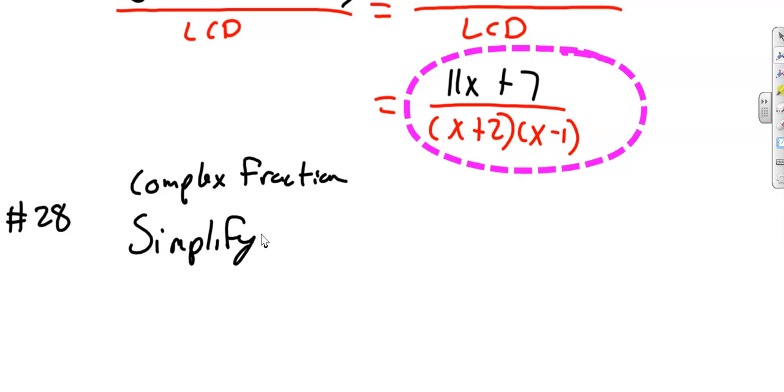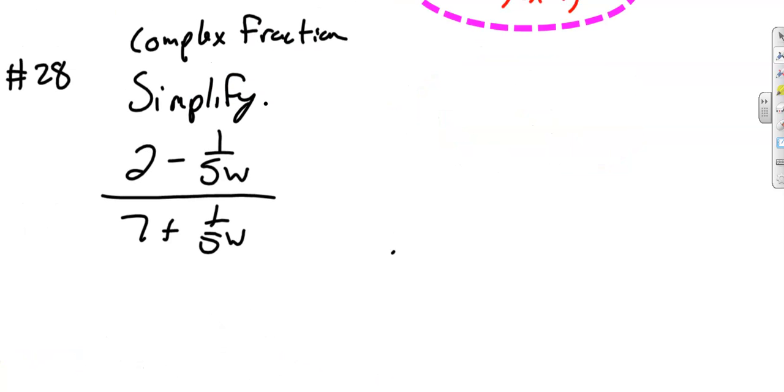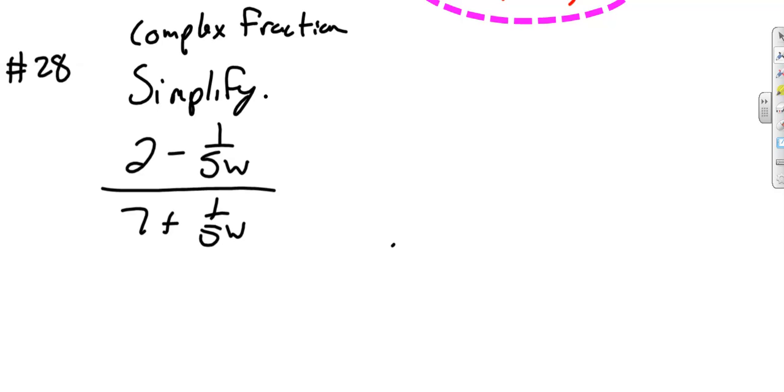That you have a 2 minus 1 over 5w over 7 plus 1 over 5w. So 27 and 28, both complex fractions, just one's a little different than the other one that goes through it.